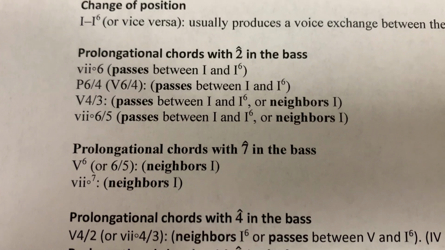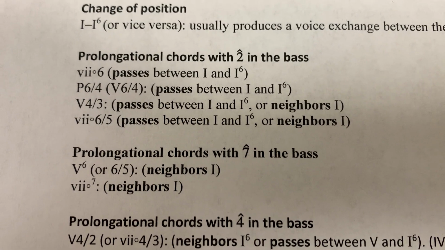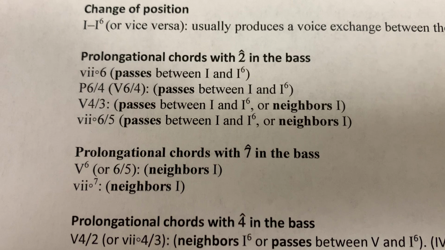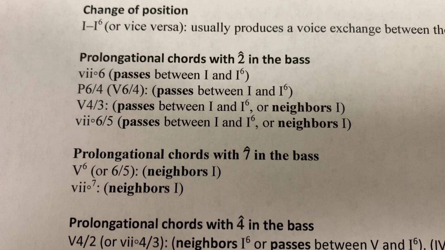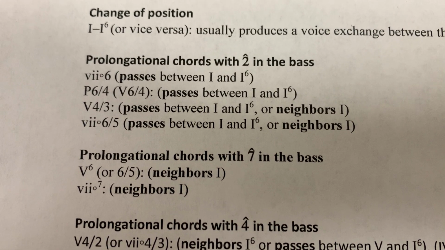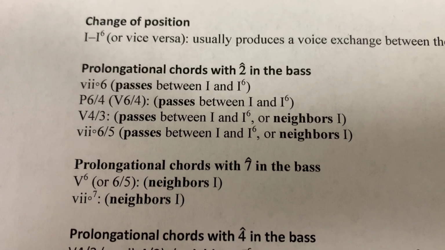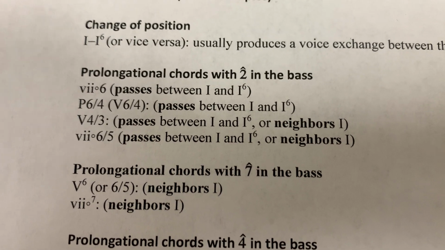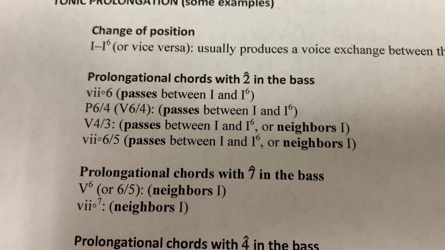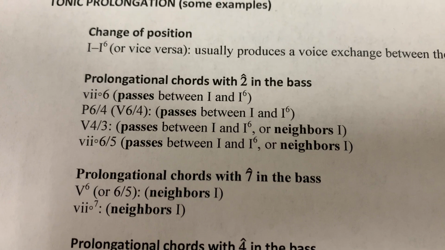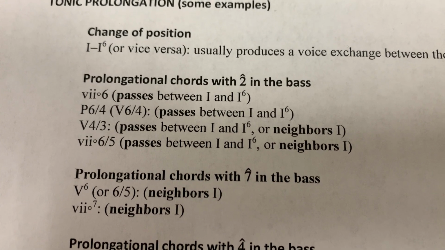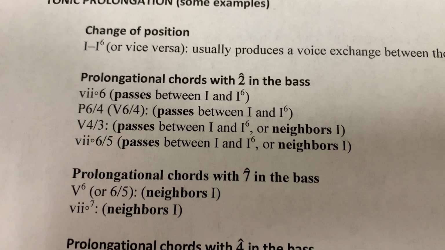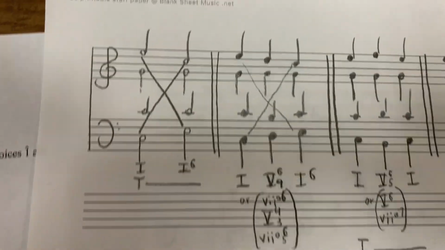Second up, we can talk about passing chords. If we're talking about tonic prolongation, this is usually chords with scale degree 2 in the bass, situations where scale degree 2 in the bass passes between scale degrees 1 and 3. Of course, the 1 and 3 would be harmonized by 1 to 1/6, as we just saw. Let me show you over here an example of this, which summarizes what is mentioned in the handout.